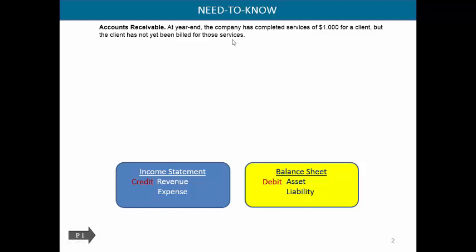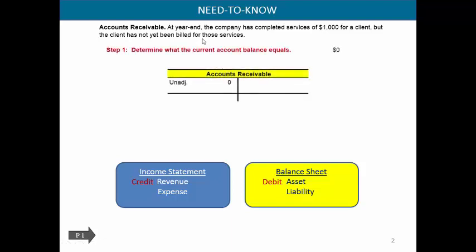I think as an individual, if someone owes me money, I'm immediately going to bill them. But the truth is in a lot of companies, maybe they don't send their bills out until the end of every week or the end of every 2 weeks, whatever their billing cycle is. So this is common. Oftentimes there is a little bit of a lag between when a service is completed and when someone is billed. However, if we close our books before the person has been billed, we still need to show that we are owed that money.